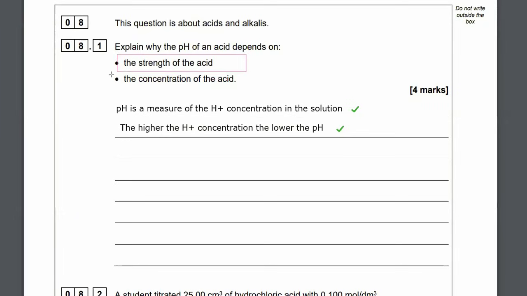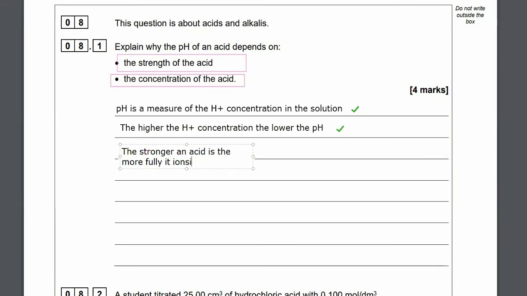First of all, the strength of the acid. So what's the strength of an acid got to do with the hydrogen ion concentration and therefore the pH? Well, let's look at the strength of an acid. The stronger an acid is, the more fully it ionizes.